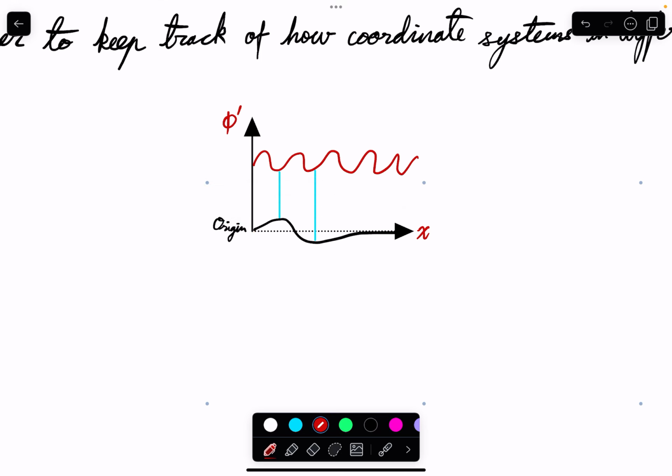We call this function A, and it's a function of x. And so we say that the origin here is actually a function itself. It's A. And that function A is going to keep track of how all of these different points are related to each other.